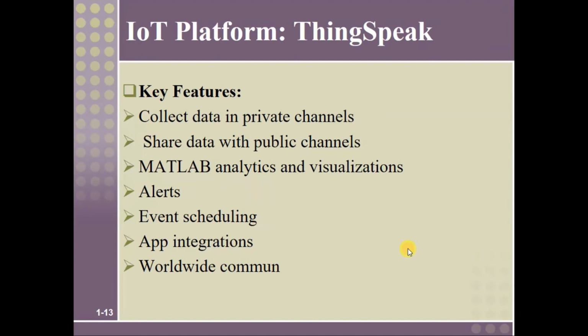The third IoT platform is ThingSpeak. ThingSpeak may contain different networking features. The most fundamental function of ThingSpeak is to collect data from a private channel and also share that data on public channels.